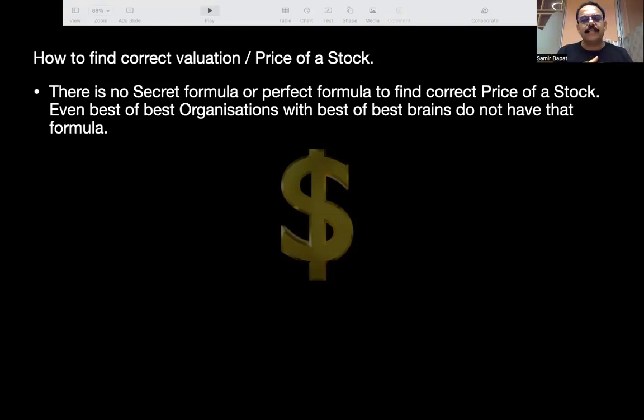Even big organizations with the best brains working out of IIT, IIMs and all, they also don't have this formula. This formula is not available with anyone. It's an approximate guess. Okay, this may be a fair value and all like that. It is done that way, and it's a best-guess basis.